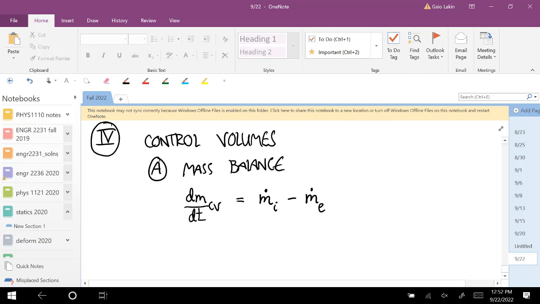And there are 2 things that come up quite a bit that are useful for this. The first one is calculating the mass flow rate at the inlet or exit. So m dot is equal to the area of the opening times the speed of the fluid, that's the average speed, divided by the specific volume, or multiplied by the density.